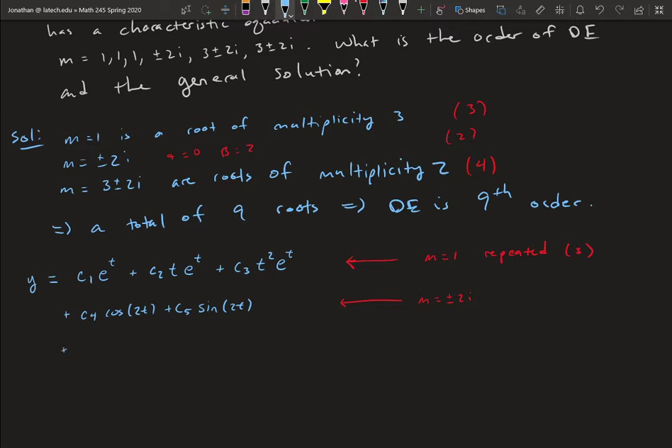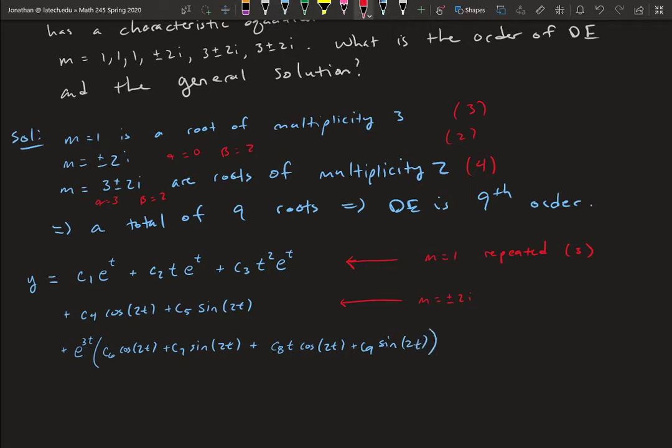And then the last one is a repeated complex root, and we know to do that we have e to the, let's see, alpha is 3 and beta is 2, so I'm just going to factor out the e to the 3t times C6 cosine 2t plus C7 sine 2t plus, and now we multiply by t, so we get C8 t cosine 2t plus C9 t sine 2t.